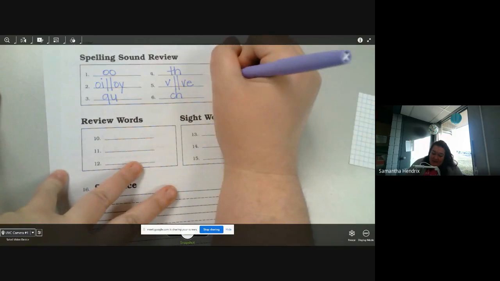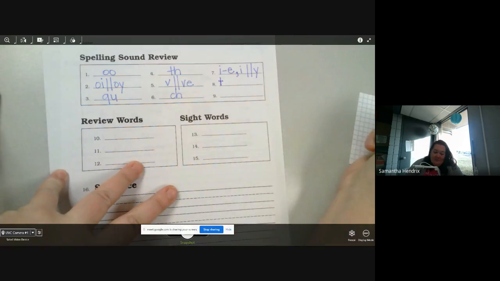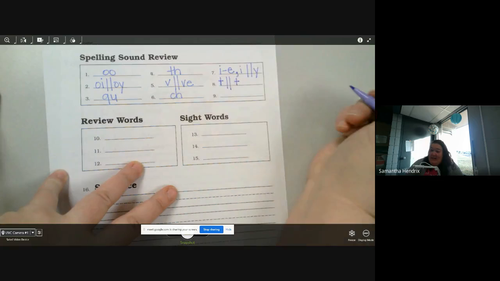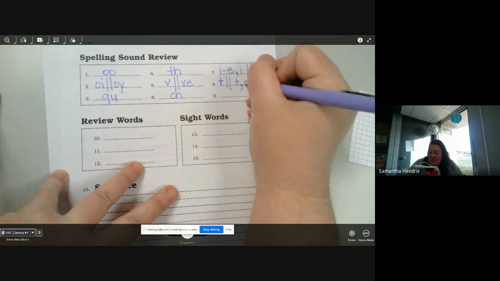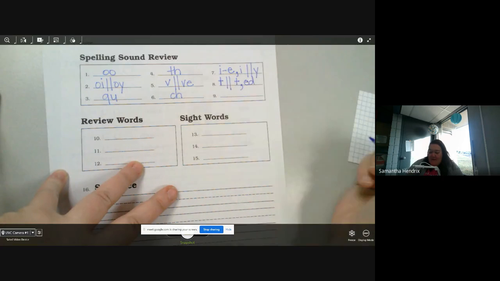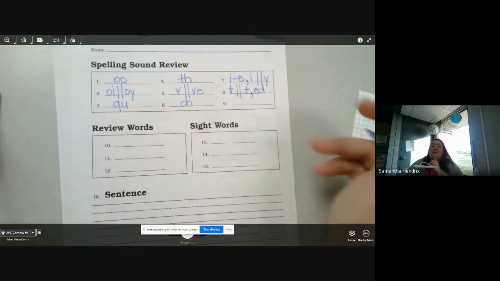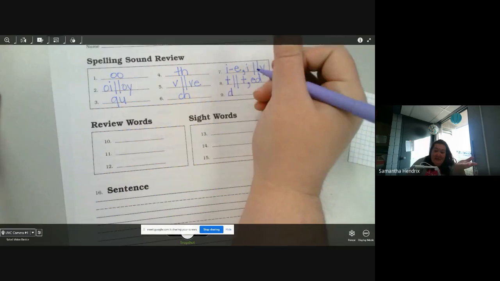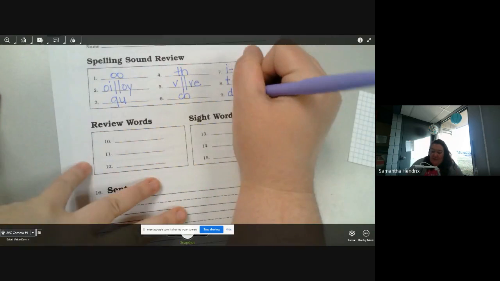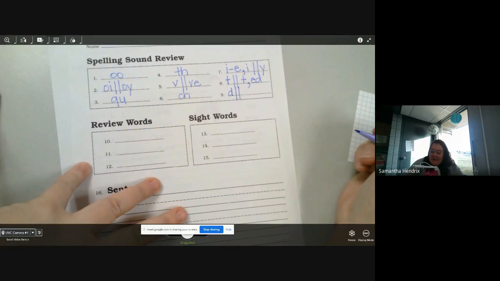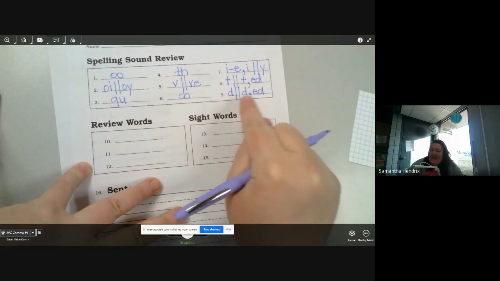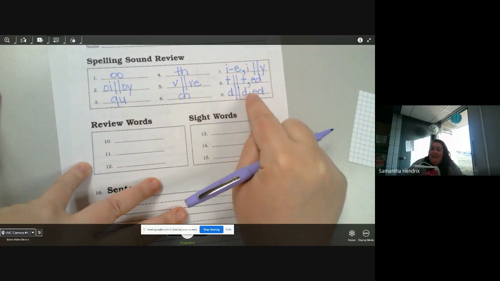So we have T, final position. It's going to be a T or comma ED. Okay. Number 9, D. Or if we hear it in the final position, it's going to be either a D or an ED. Remember, that ED can say t or ed.